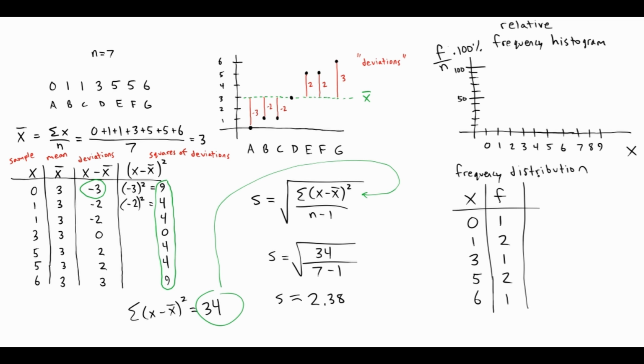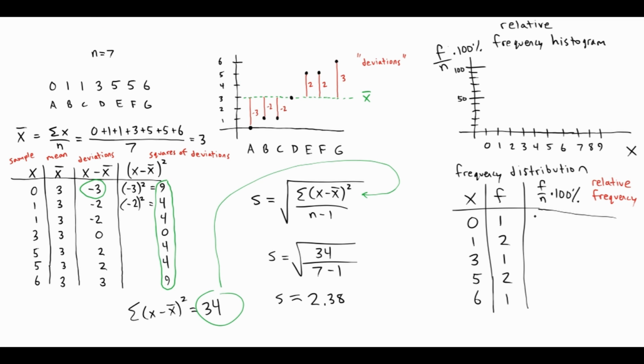But if we want to make a relative frequency histogram, let's make a column for f over n. And that is, of course, relative frequency.